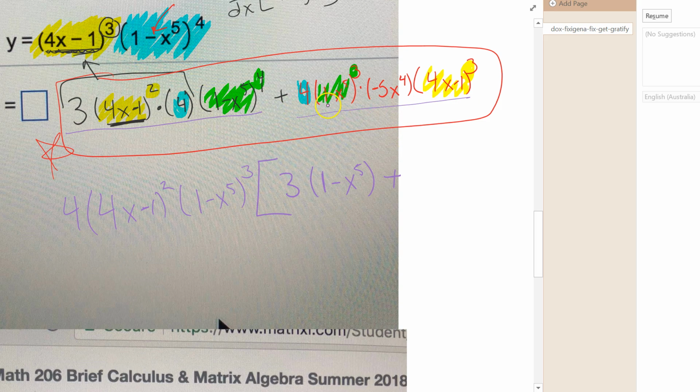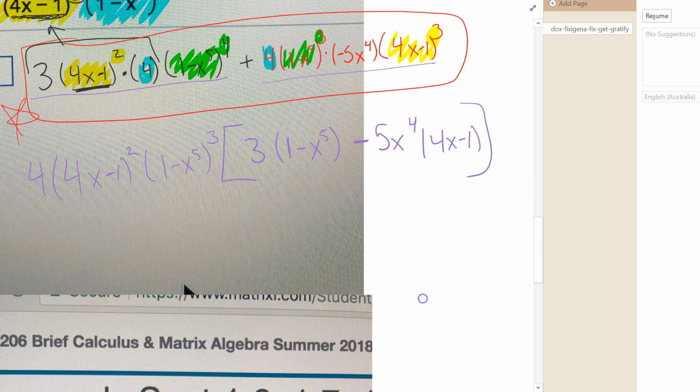I pulled out 1 minus x to the 5th cubed. In this case, I'm left with a minus 5x to the 4th and 1 factor of the 4x minus 1. So you might see this on Help Me Solve It or View an Example. So that's it simplified.